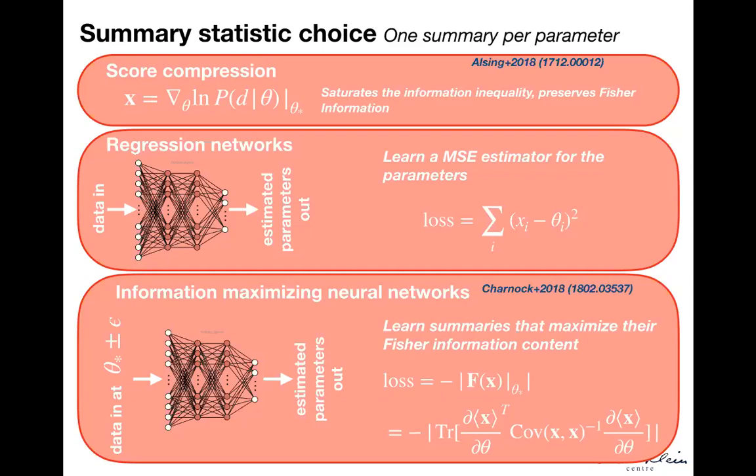It's also motivated by the fact that you can form locally optimal summaries by taking the score, and those typically do pretty well even when you're not that local to the fiducial parameter points. It also means you can be much more simulation efficient in computing the summaries if you do it locally.